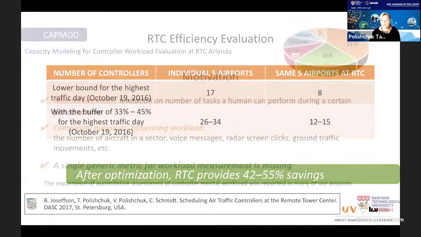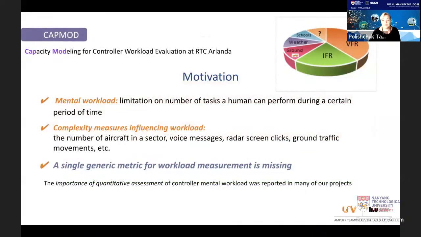Then we ask ourselves the question: can we do any better? Can we continue optimization and save some more? For that, we need to look deeper at the input to our model. Previously, we looked only at the scheduled IFR movements, arrivals and departures. But what's inside the optimization is actually the so-called mental workload.